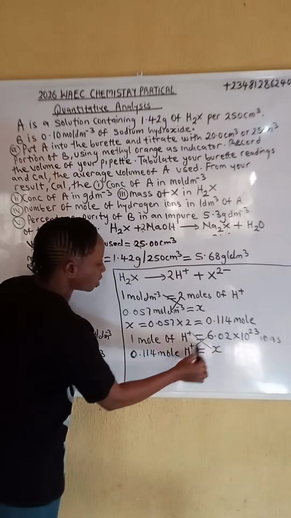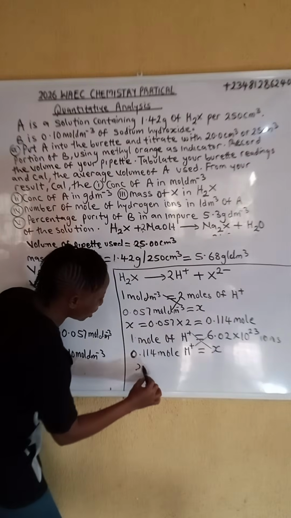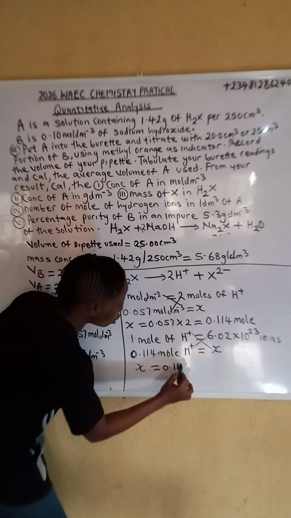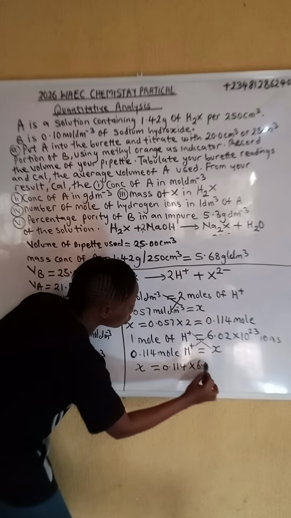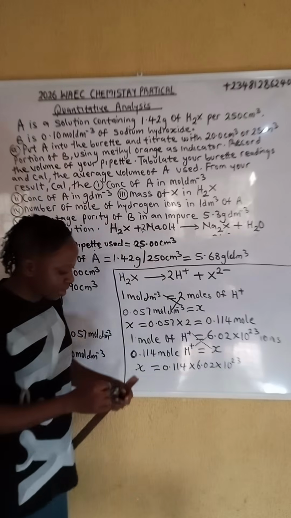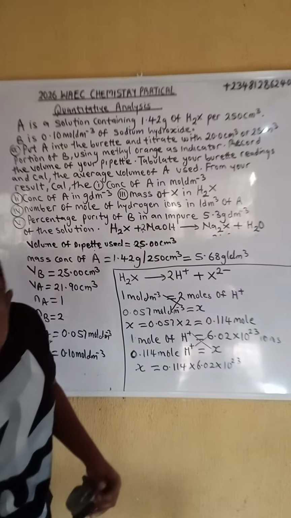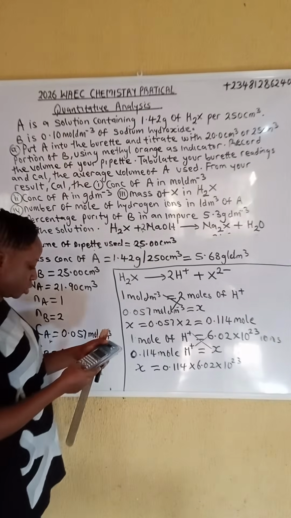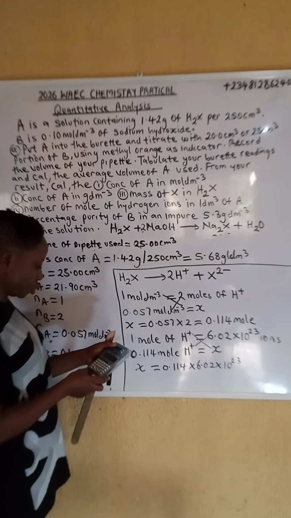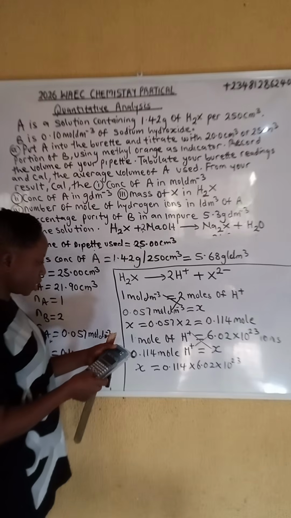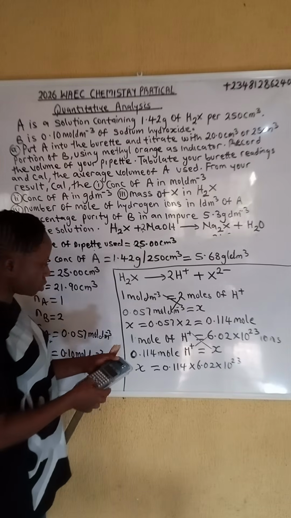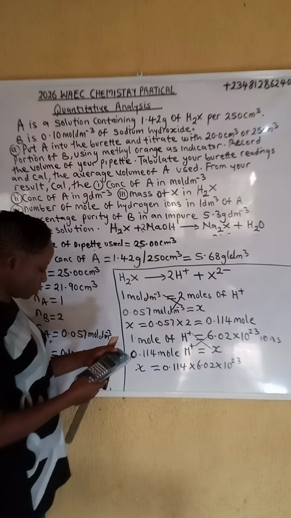When you cross multiply, 1 times X gives X equal to 0.114 times 6.02 times 10 raised to the power 23. So what is the final answer? 0.114 times 6.02, then multiply by 10 raised to power 23.